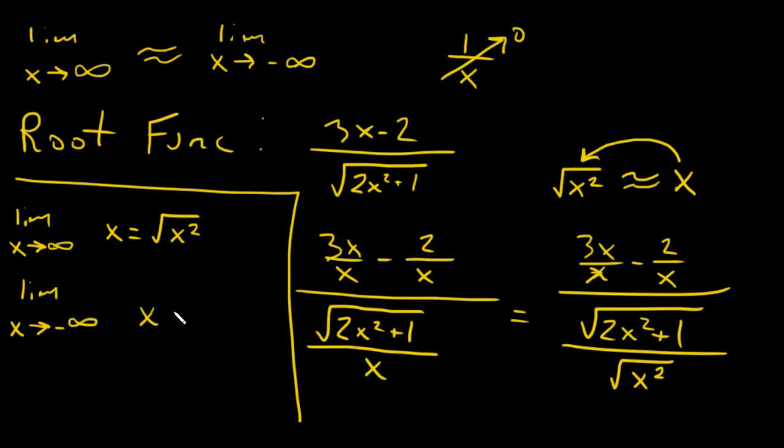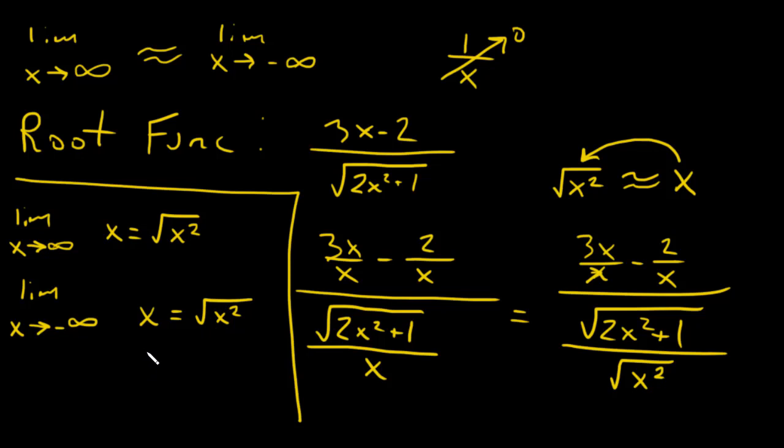I can't use that same logic because I'm looking for an x that I know is negative. This value right here is approaching negative infinity, so it's a very large negative number. But if I take that value, square it, and then take the square root, now it's a positive number.